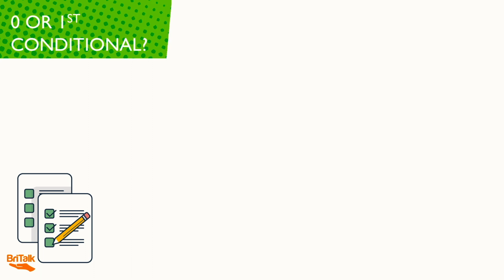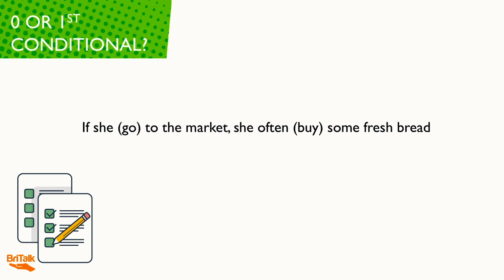Okay, so let's look at some more examples and you can decide if we need the zero conditional or the first conditional. Let's do the first one together. If she go to the market, she often buys some fresh bread. So, are we talking about a general truth or a real situation with a future result? Metti il video in pausa se vuoi pensarci un attimo.